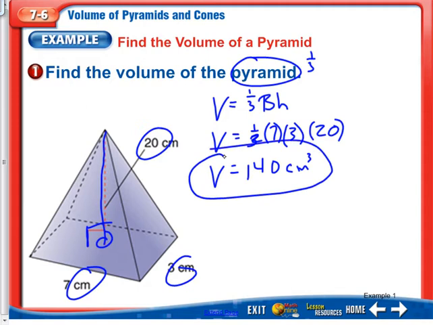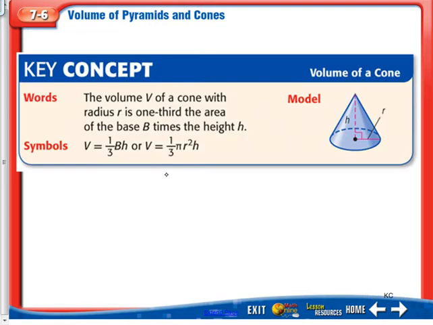Again, a pyramid is 1/3 the volume of a prism. The prism would have to have the same exact base and the same height, but it's 1/3. If we filled this one with sand and poured it into a prism, we would have to pour it out 3 times in order to fill up that prism. With our cone, again the same thing.